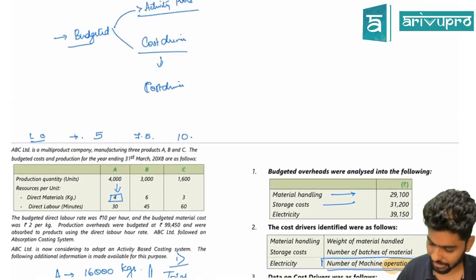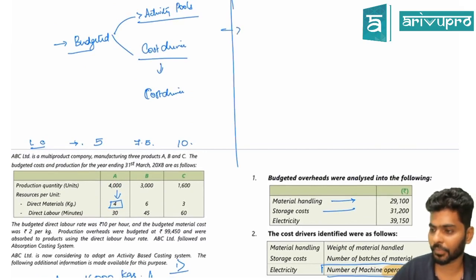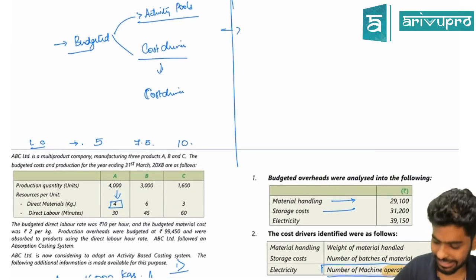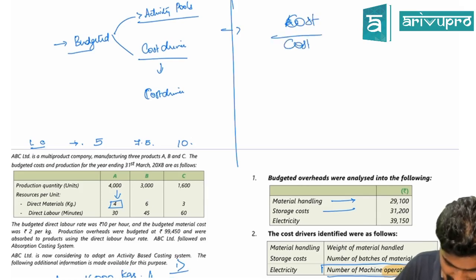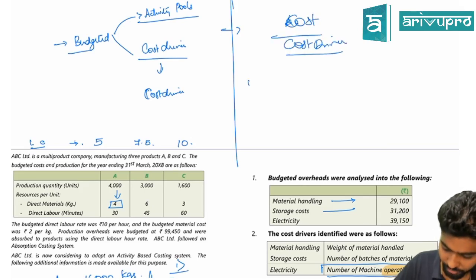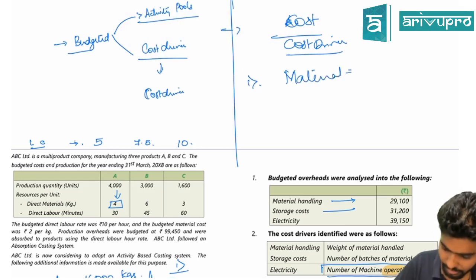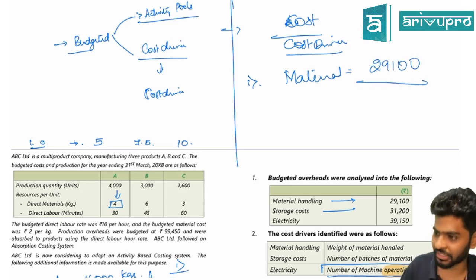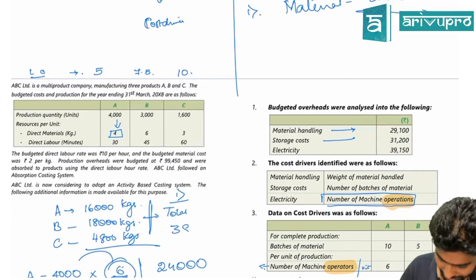Now, what did I say the formula is? Activity cost divided by the cost driver. So for the first one, which is material handling, that's going to be total cost of 29,100 divided by the total of this, which is 38,800.